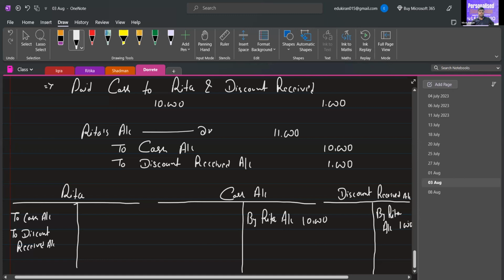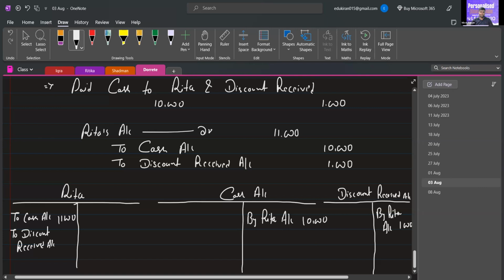On the Rita account, it will be 11,000. So you have written 2 accounts in Rita's account, but you have entered a single amount, 11,000.